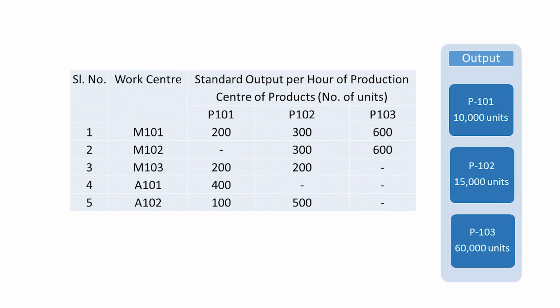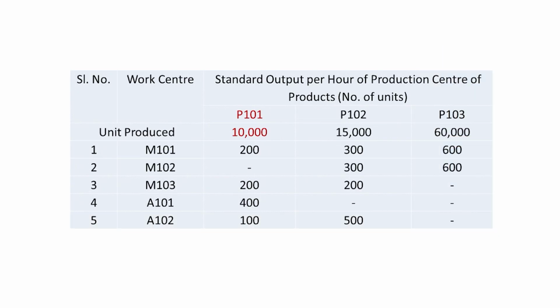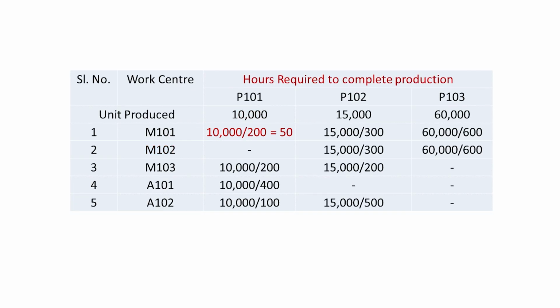We can now find out how many hours of different production center time are required using the throughput data and output data. We are producing 10,000 units of product P101. Machine center 1 can process 200 units per hour. It means we need 50 hours of machine center 1 to process these 10,000 units.